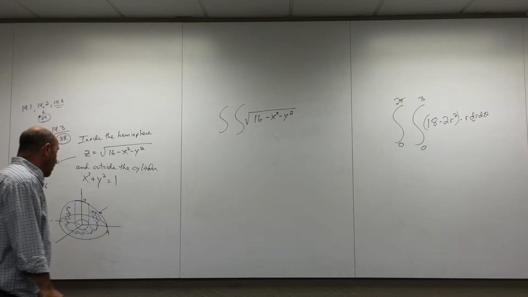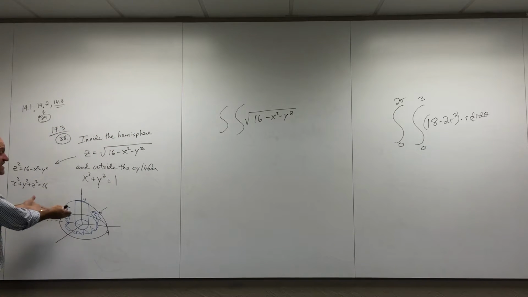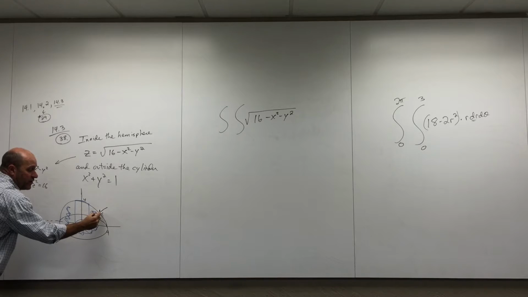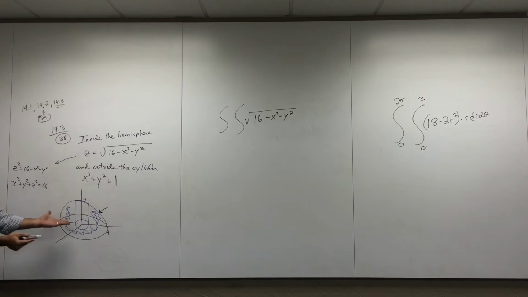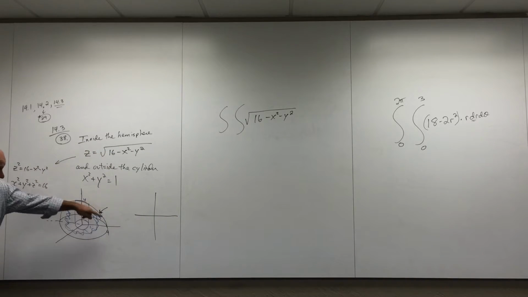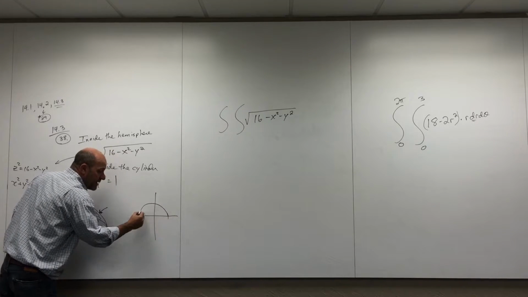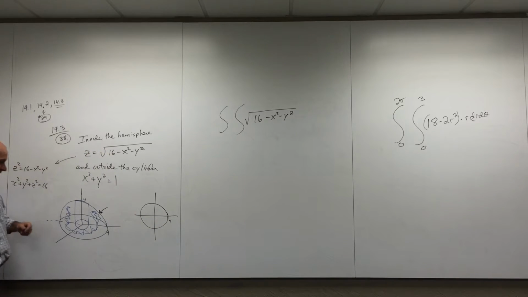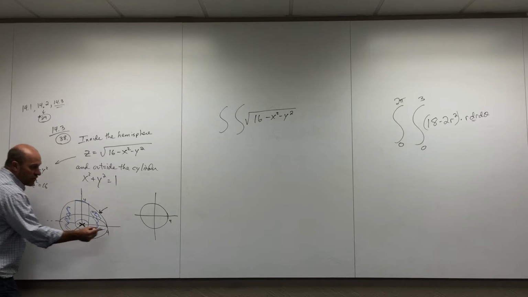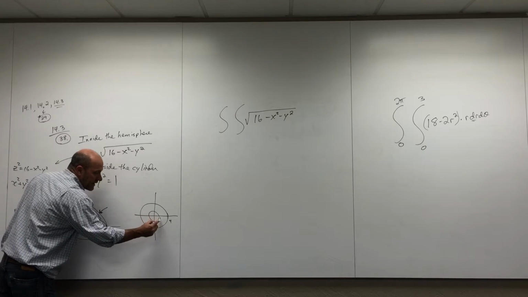Hang on. But now I should look at the region over which I'm integrating. I did all this 3D work just to get a feel for who's on top. But now I need a 2D picture of the region, which is a circle of radius 4. But wait a minute. What I'm not integrating over is this, so there's a circle of radius 1 that I'm not doing.